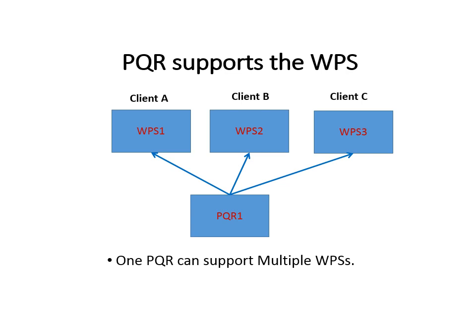And it was all supported by a PQR from yesteryear. The PQR, the essential variables on that PQR had not changed. So, client A might have a WPS, client B might have a WPS, and client C might have a WPS. It's all supported by the same essential variables on that PQR.